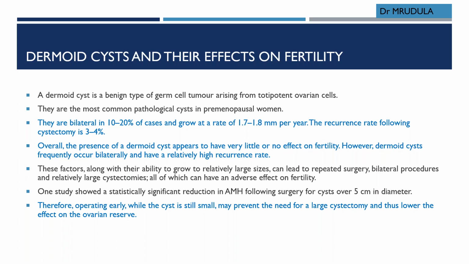So what they have advised is that you have to operate on the dermoid cyst early, while the cyst is very small. It will prevent the need for a large cystectomy and lower the effect on ovarian reserve. So the conclusion is that a dermoid cyst per se doesn't have any effect on fertility, but cystectomy may lead to decreased ovarian reserve and decreased AMH. So you should operate earlier.